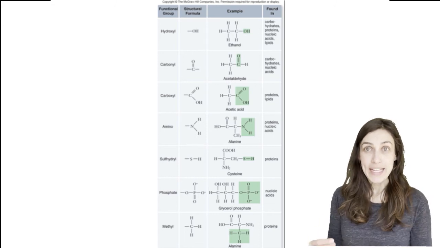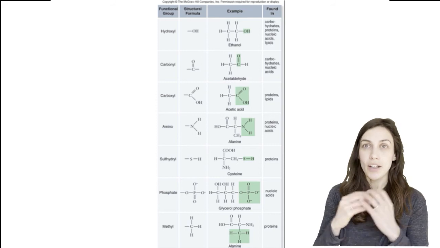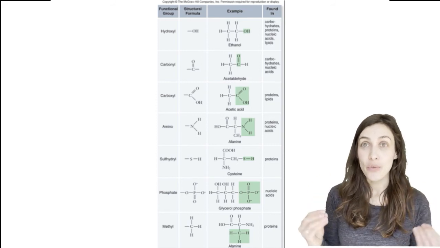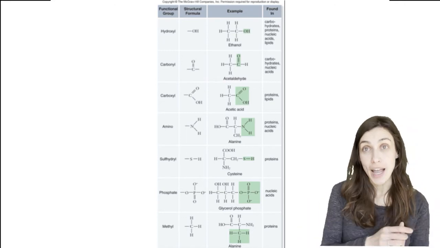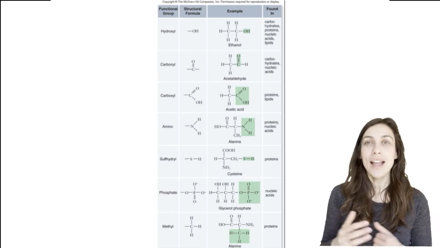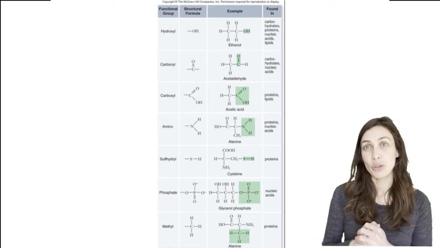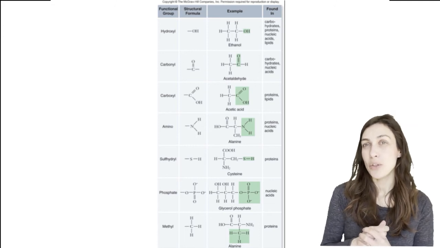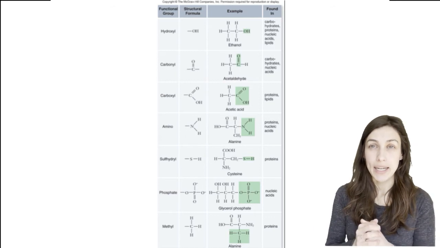A phosphate group hugely increases the water solubility of a hydrocarbon if you find this group attached to a hydrocarbon, because there are 4 oxygens and 2 of them have negative charges. It's a really important functional group, and we will talk more about it in a future chapter when we talk about DNA and other nucleic acids.